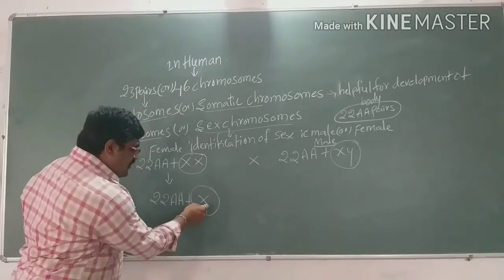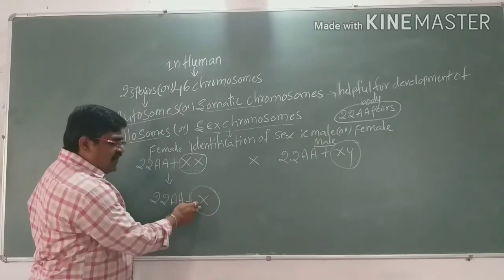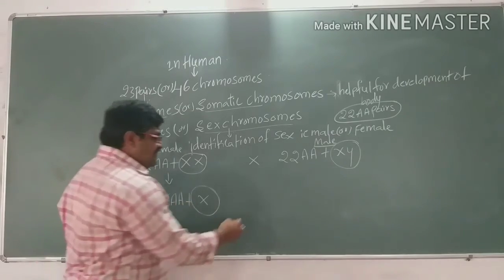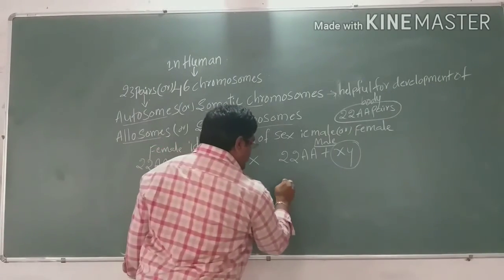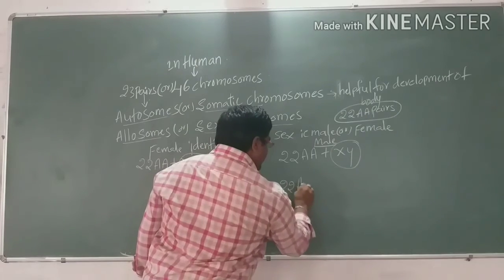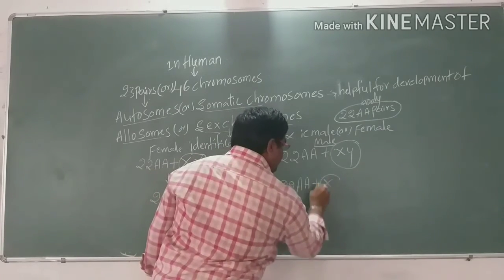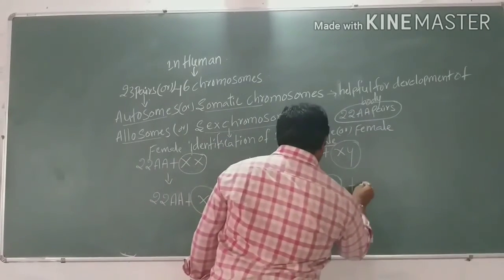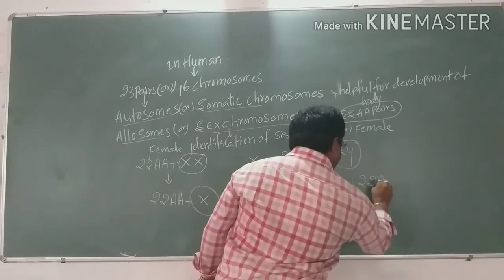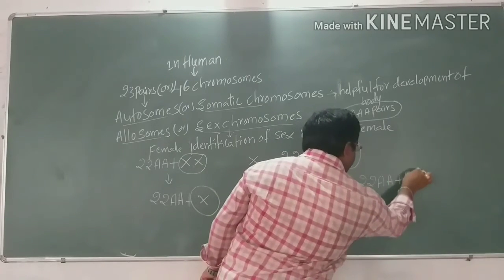So here we take only one X chromosome. Then we get 22 AA plus X, and 22 AA plus Y.